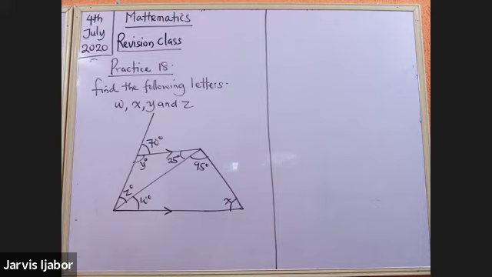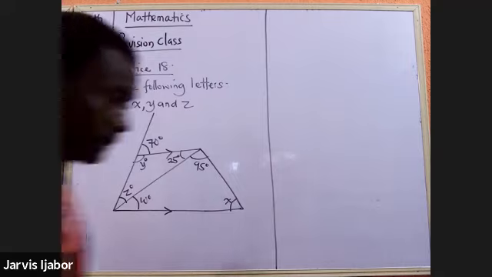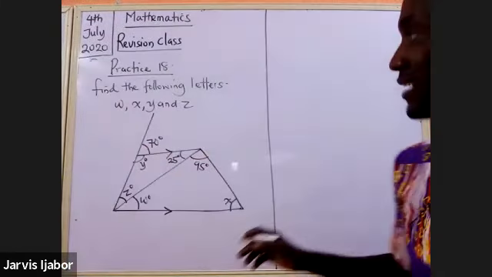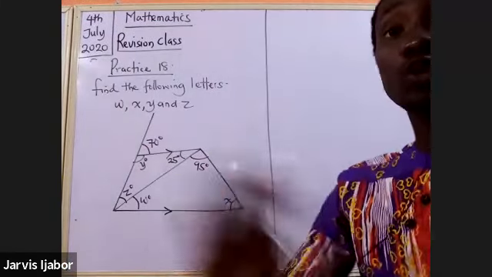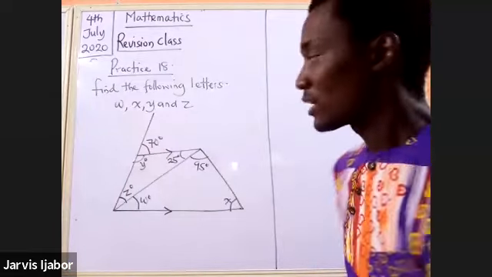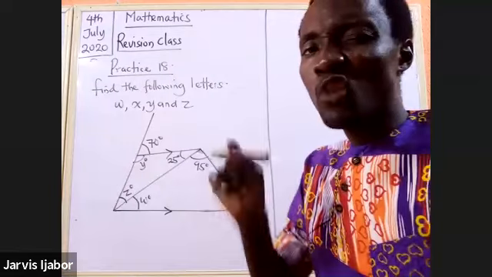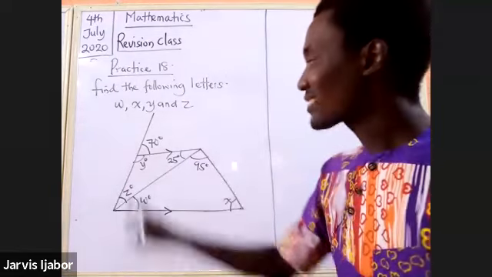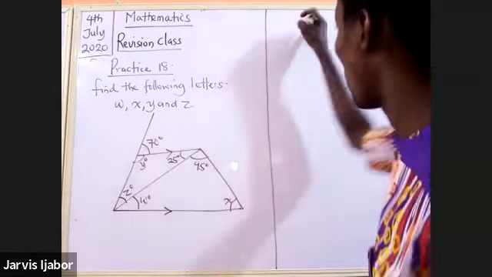When it comes to this aspect of maths, I can't tell you which one to start with. That's the truth. Where you start is a function of what you can see. Now, I can start with Y and 70.